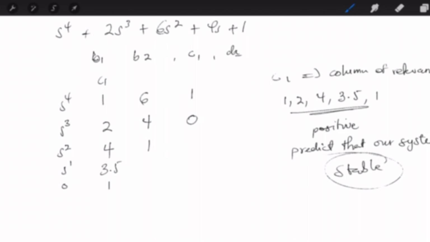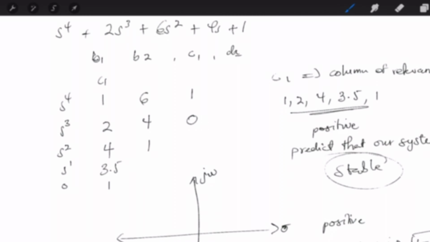So, on the s-plane, since all the coefficients of the column of relevance are positive, we have our points for plotting being a complex value, having the real part to be minus zeta omega n plus or minus j omega n square root of 1 minus zeta squared.